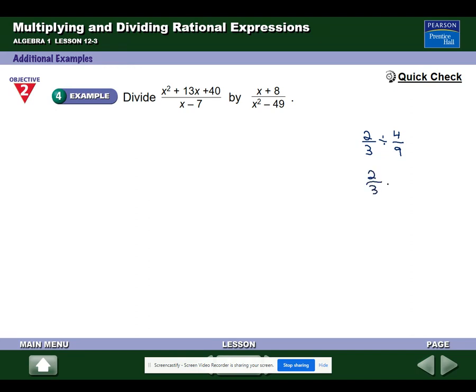You were probably taught to change divide to times and then flip the second fraction, right? Then you have a multiplication problem, and then you can go about it. Okay, here's 2/4, that's 1/2. Here's 9/3, that's 3/1. And then you can finish the problem. It would be 3/2. Well, that's exactly what we're going to do in algebra just as well.